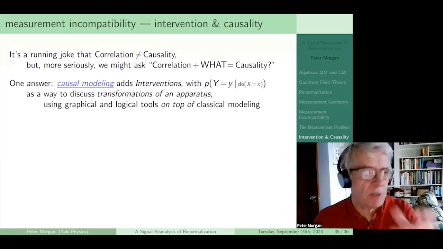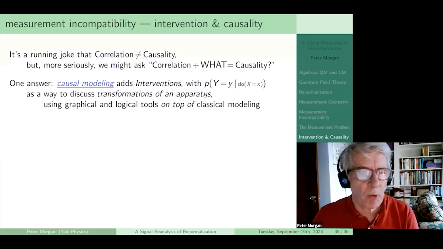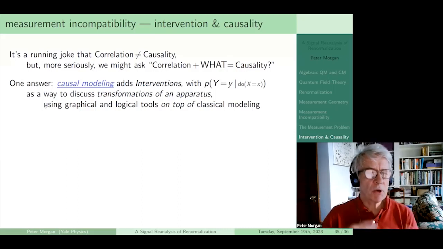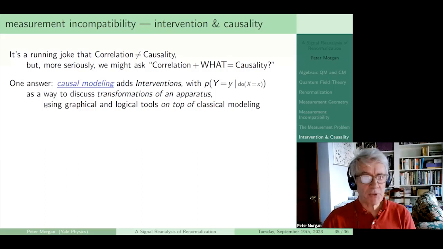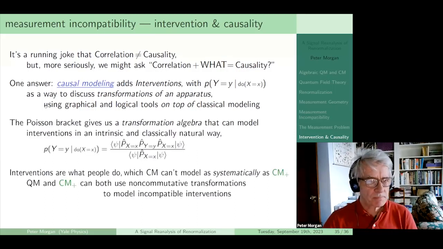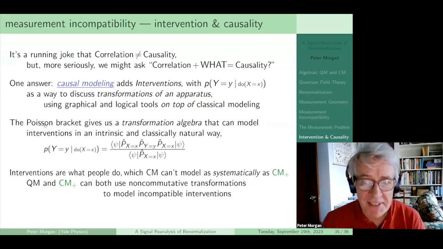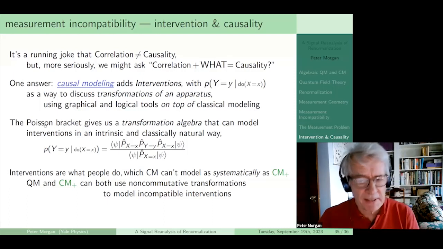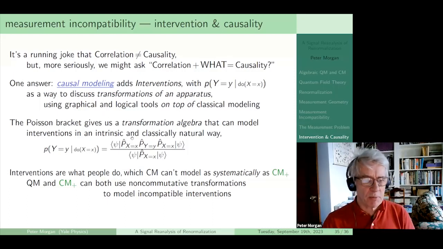And that indeed is when you say, well, I'm switching the knob from one setting to another, a transformation of the apparatus. Causal modeling introduces graphical and logical tools on top of classical modeling so that they can do this, but the Poisson bracket gives us a transformation algebra. That's what it does. And that can model interventions in an intrinsic and classically natural way, just as we do in quantum mechanics. We have the same tools of non-commutativity available to us in CM+.